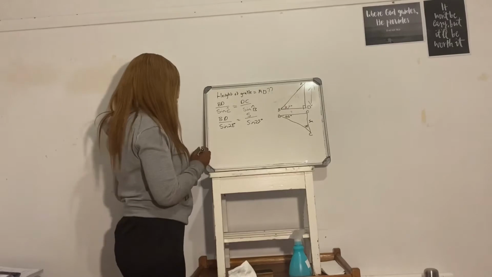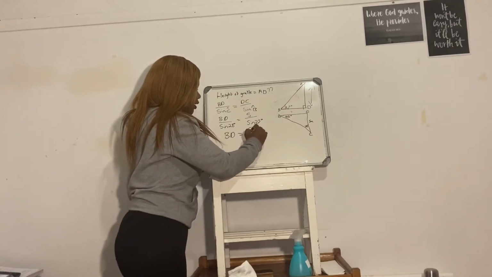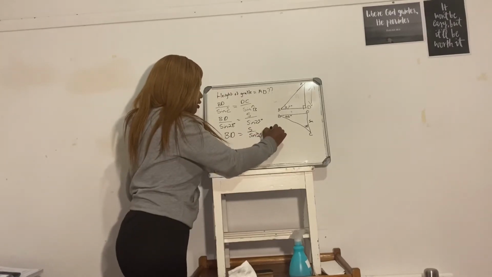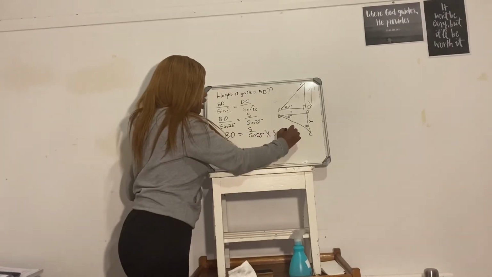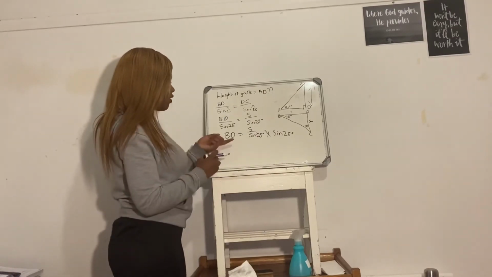Which is the same thing as BD is equal to 5 over sine 25 degrees times sine 28 degrees. So we just put the sine 28 degrees on the other side because we want to find BD.